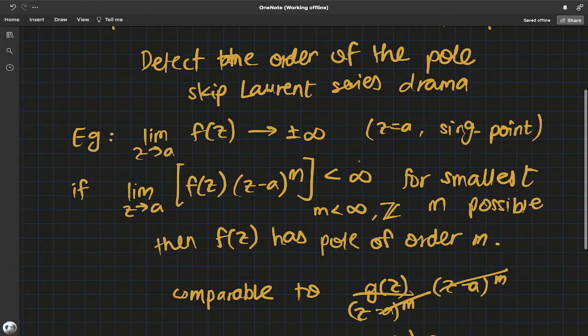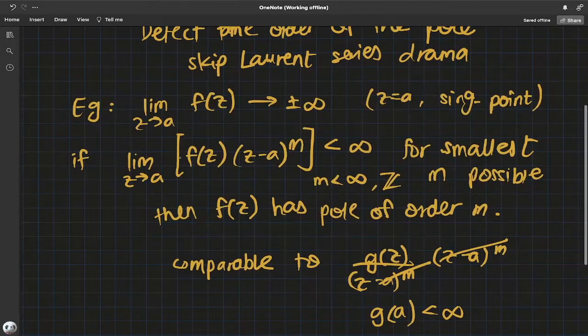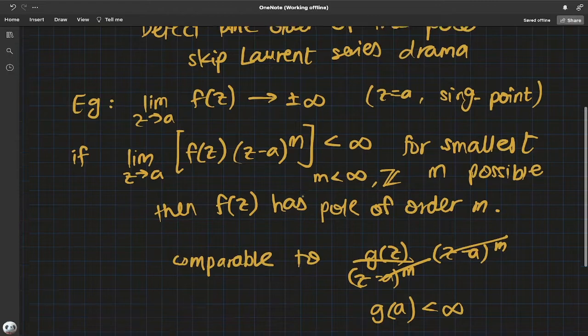If that is finite, then you can conclude it's a pole of order 1. If it's diverging to infinity, then you need to multiply f of z with (z minus a) to the second power, take the limit, and check again, and keep increasing the power of this multiplying factor until you reach a point where the limit is finite.